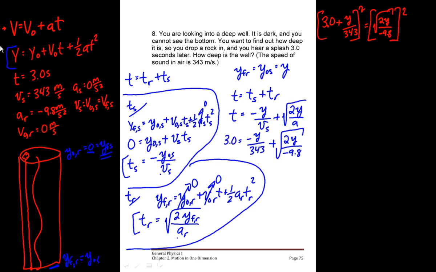If I square both sides, I get 9 plus 2 times 3y over 343 plus y over 343 squared, and that's equal to negative 2y over 9.8.